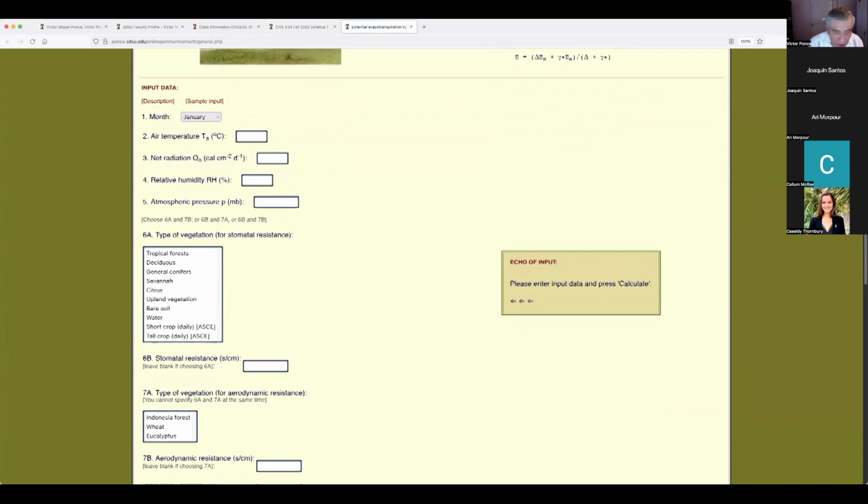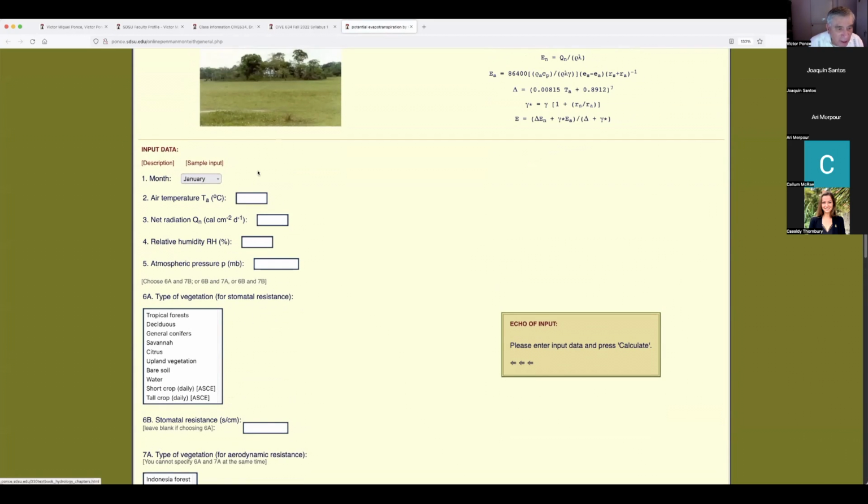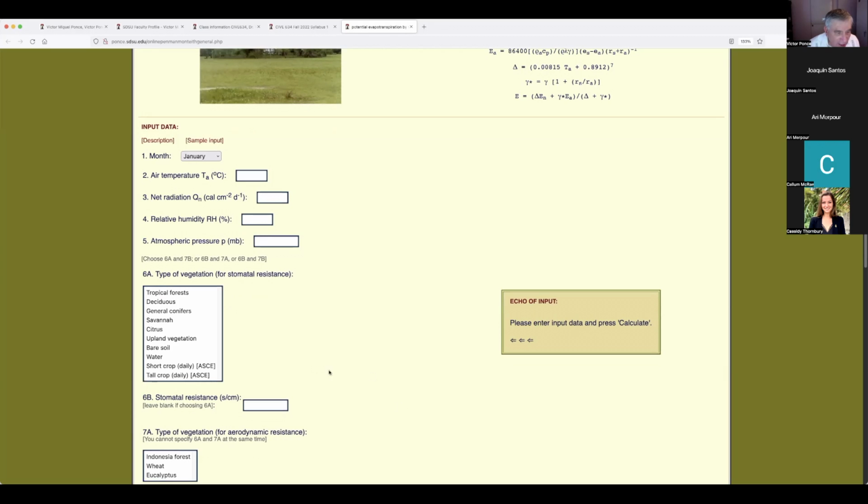And in here, we can do a calculation. We're given the air temperature, the net radiation, the relative humidity, the atmospheric pressure. Those are standard. And in here, we are going to tell the calculator what we're going to do for the resistances, for the stomatal resistance and the aerodynamic resistance. I had to get a little creative in doing the calculator.